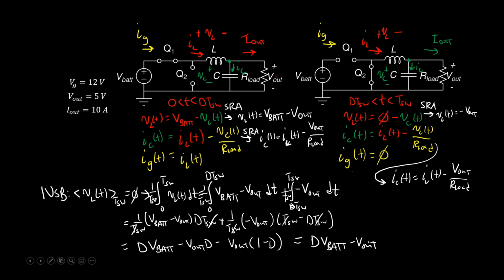And according to IVSB, this is equal to 0. In other words, Vout is equal to D VBAT. And this is exactly what we found before. So simply by applying IVSB to the inductor, we found the conversion ratio. It was basically a direct calculation.